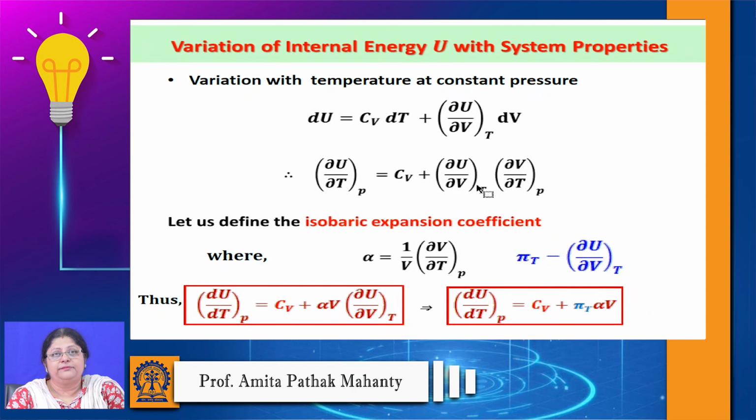So the internal pressure, this is the internal pressure, and this is nothing but, if I can write down this here, then it will be alpha into V. So alpha into V into delta U by delta V at constant temperature is nothing but pi T alpha V.